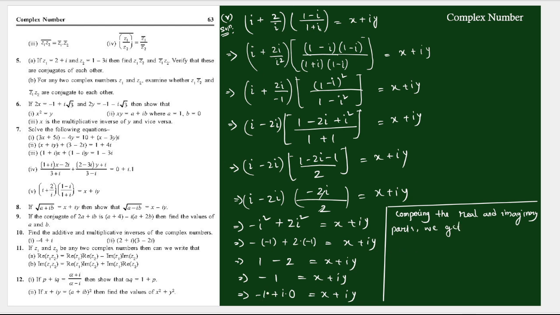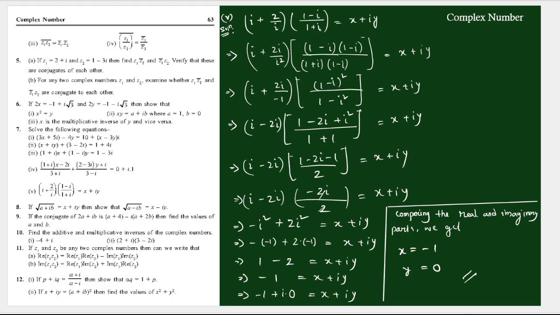Minus 1, this is the real part, is x. So x equal to minus 1. Here y is 0. So मिल गया हमको value of x and value of y.